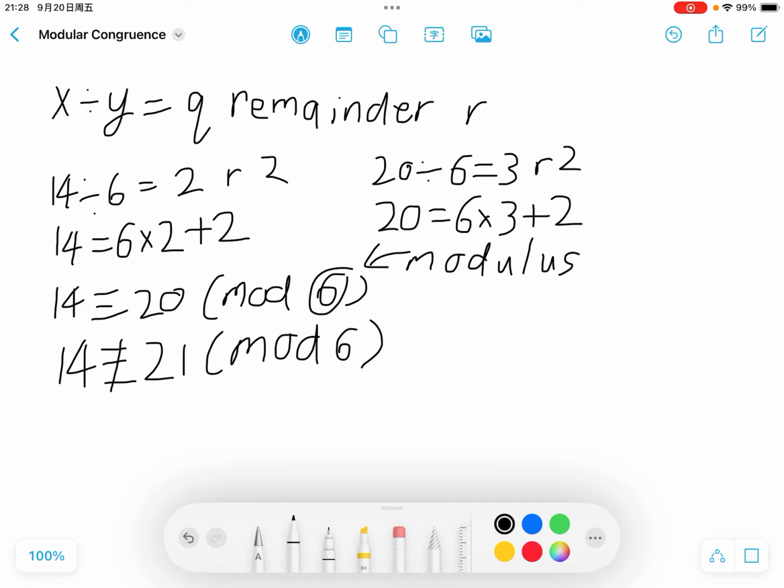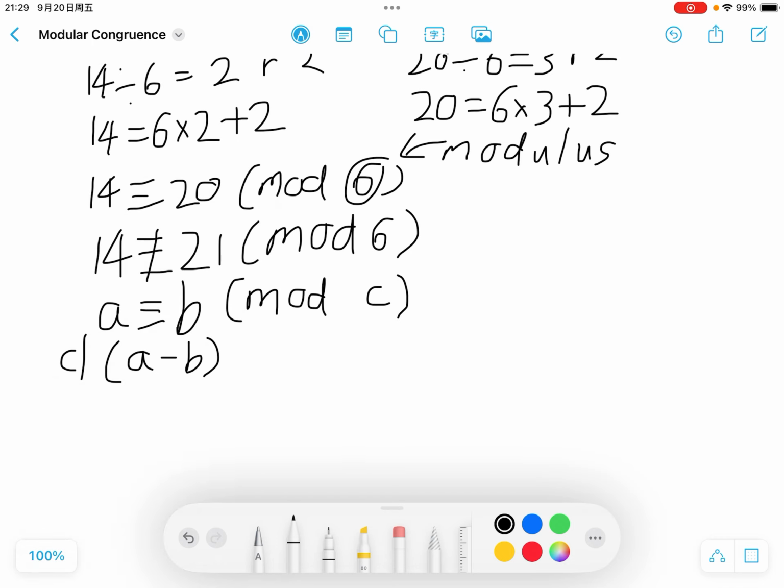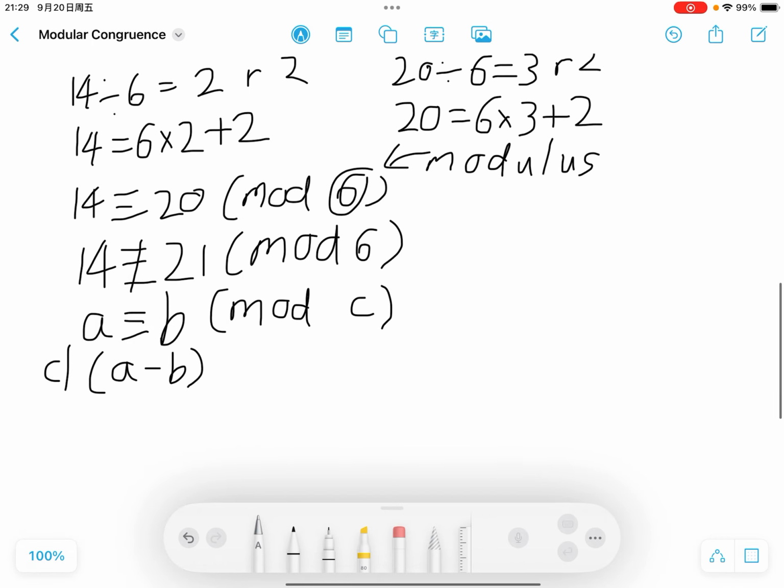So what if I told you that a new definition was that A is modular congruent to B mod C if and only if A minus B is a multiple of C, so A minus B is divisible by C. That's the new definition for modular congruence.